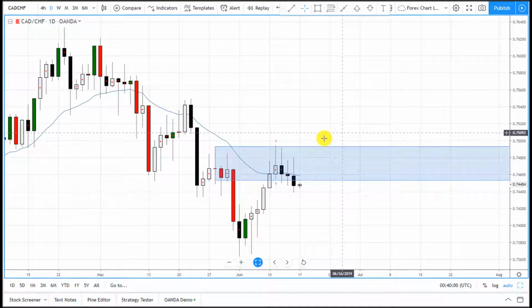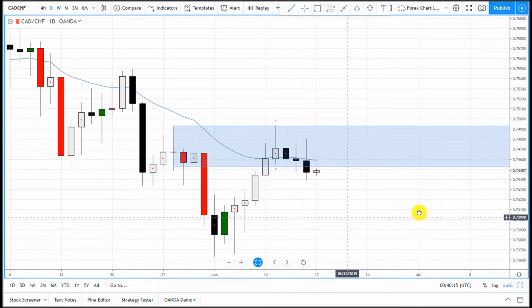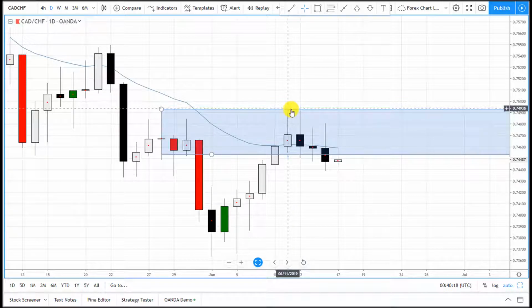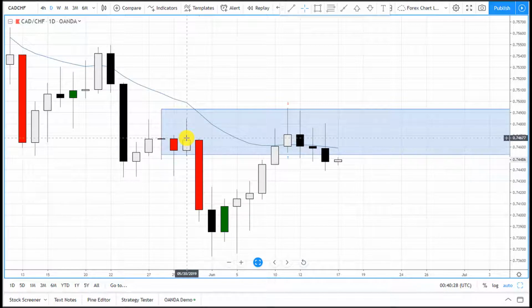If we zoom in, we see that there's a little pip breaking this supply zone, and that's what Forex will do. That's why these zones, most of the time they will work, but sometimes you have to make your zones just a little bit wider.